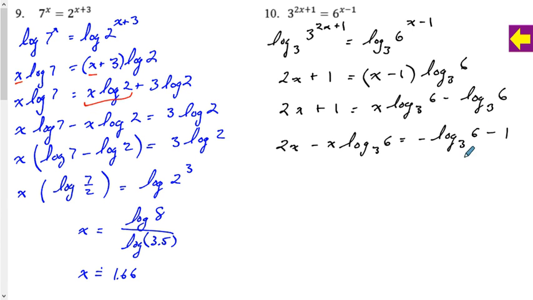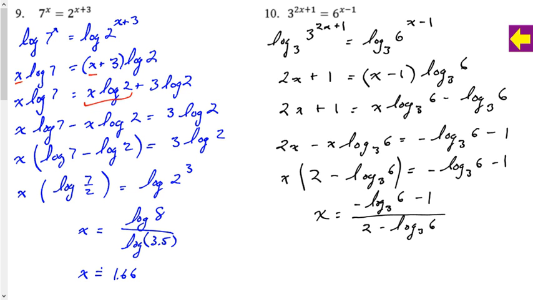The 6 is inside this logarithm. On the left, we have a common factor of x that we can take out. And then we can divide out that bracketed part and take it to the right side of the equation, which gives me my exact solution.